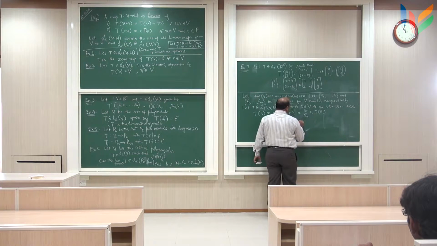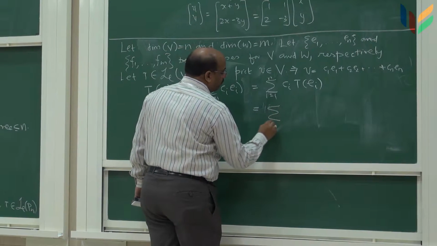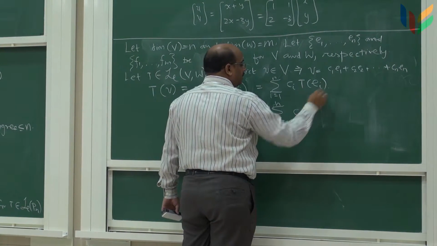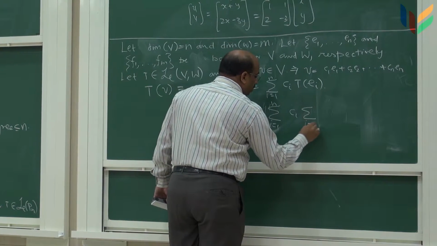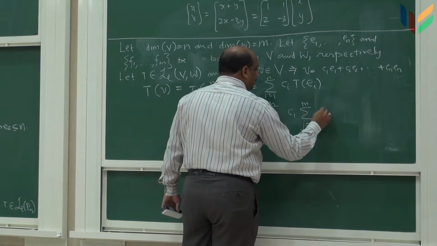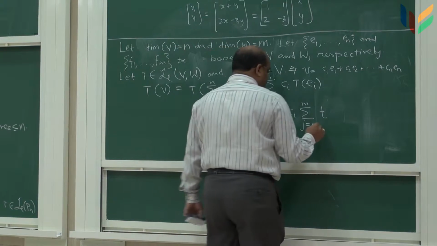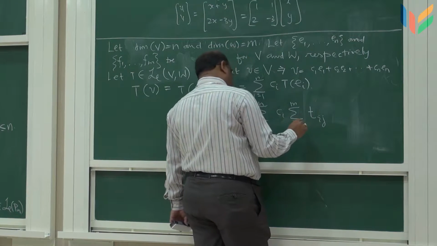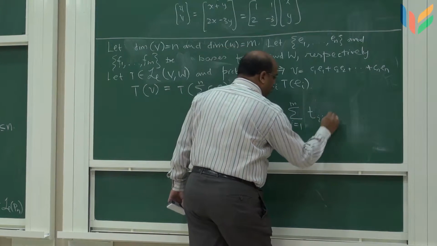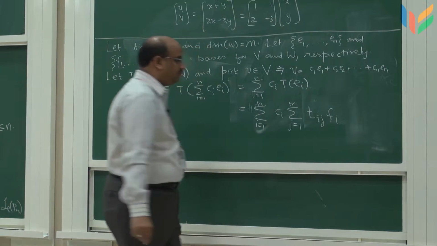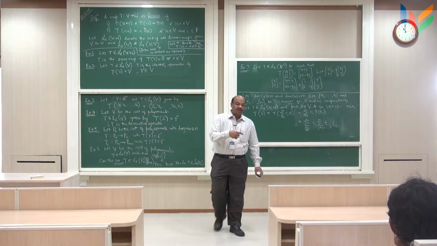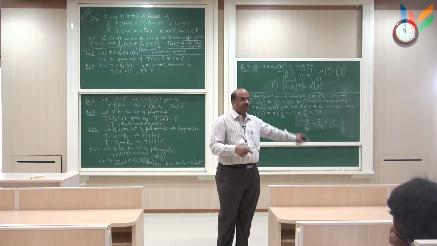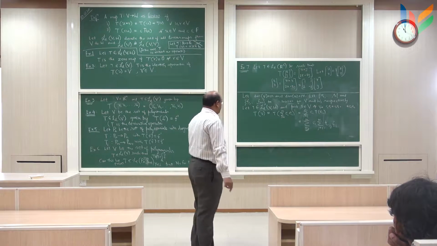So, I can write something like the summation of i equals 1 to n Ci and the summation of j equals 1 to m Tij Fj. So, where Tij is basically each T of Ei expressed as a linear combination of Fj's. So, I can do that, okay.